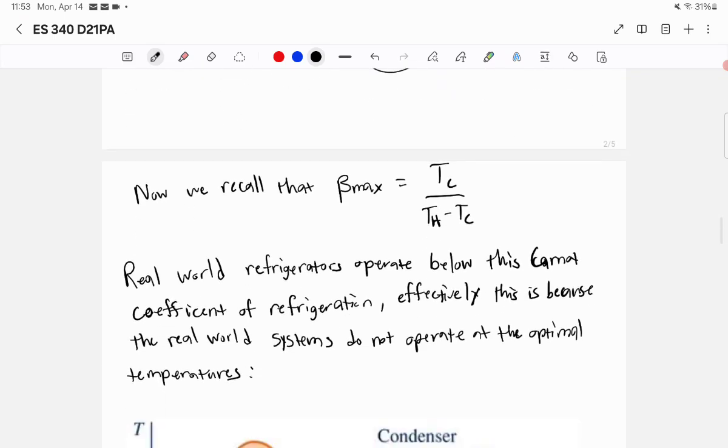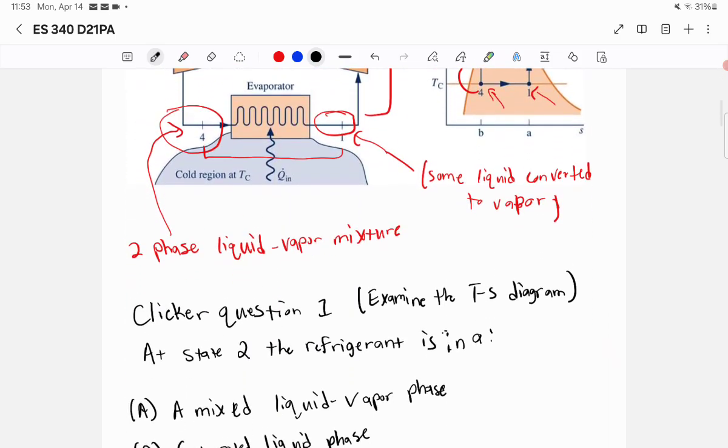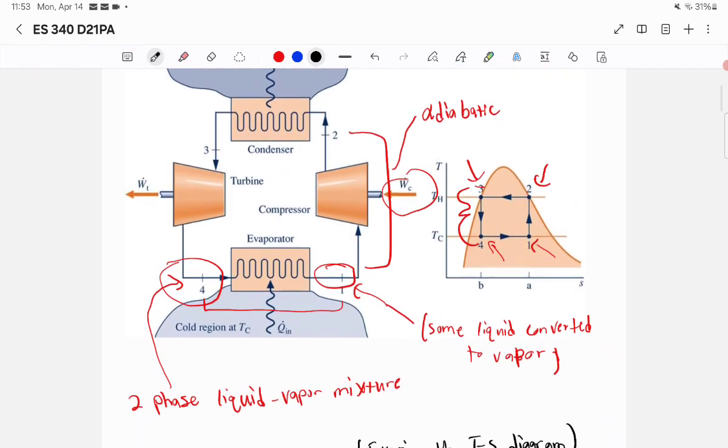Okay, so now let's move on. And we'll say the beta max is equal to Tc over Th minus Tc. And you can actually work this out from the diagram up here. This is still for the Carnot cycle, right?